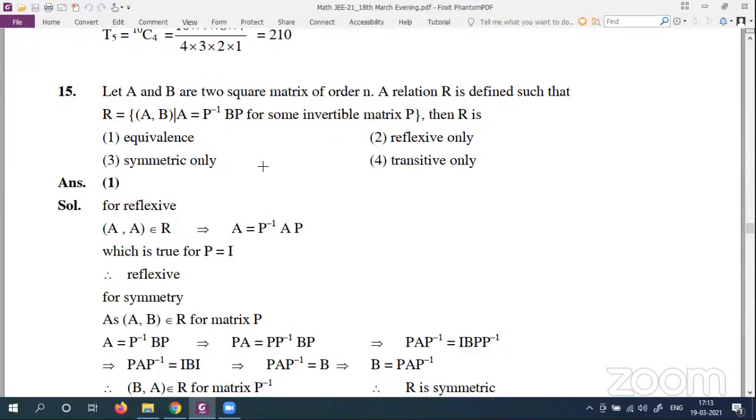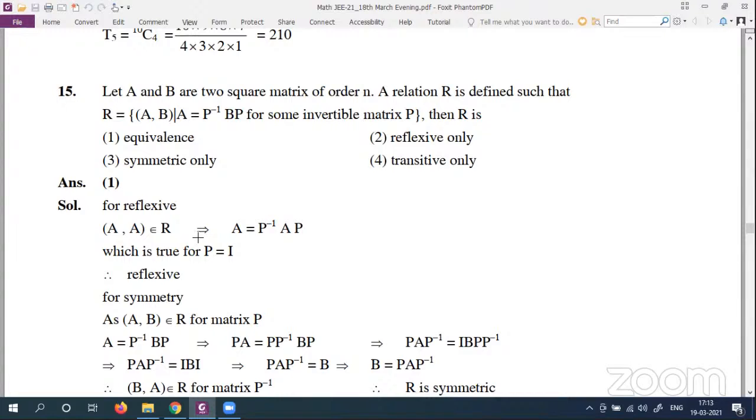So for reflexive, A comma A should belong to R. So the observation, can you identify if A comma A satisfies?